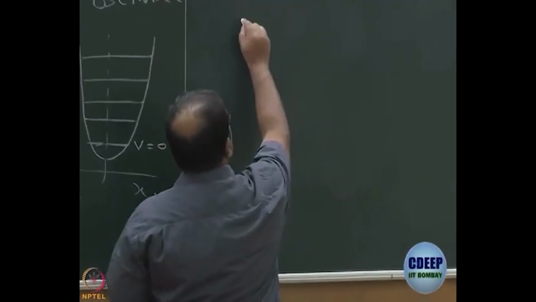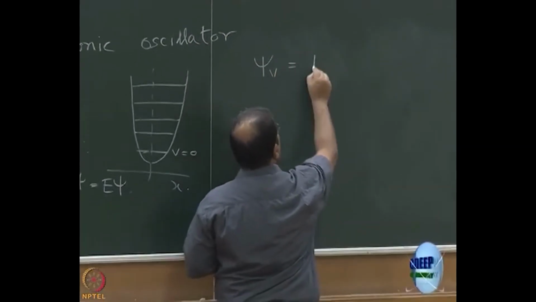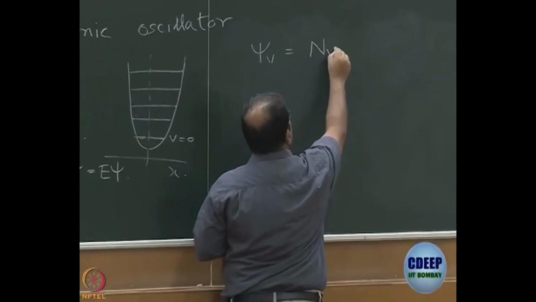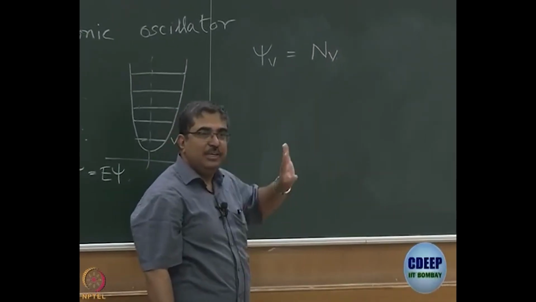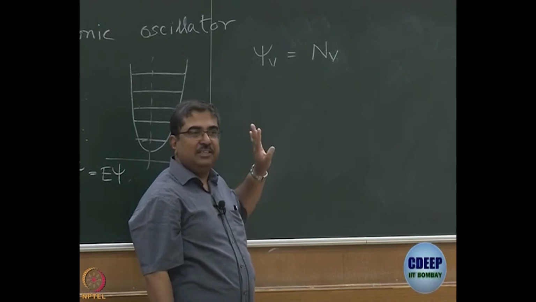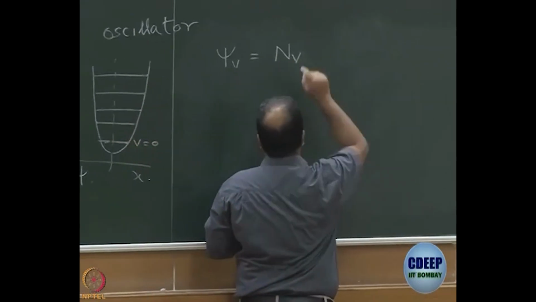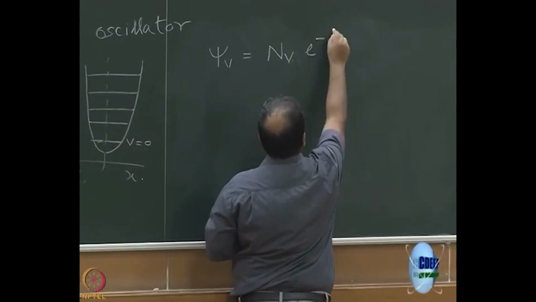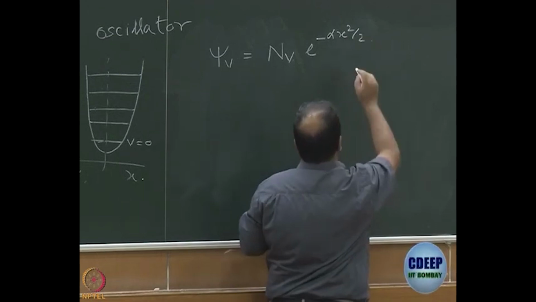The wave function is something like this: psi for V is equal to, of course, multiplied by a normalization constant. You do not need to know the form of that normalization constant. As long as you can write N, it is fine. Multiplied by e to the power minus alpha x square by 2, where x is what we had defined there.